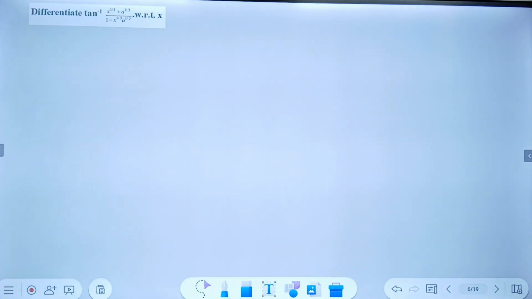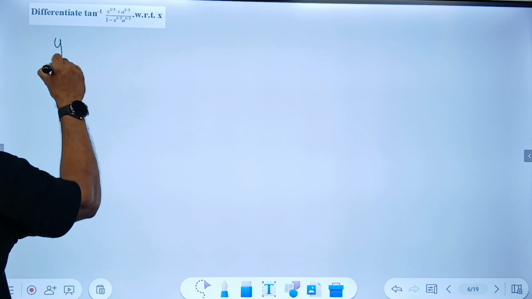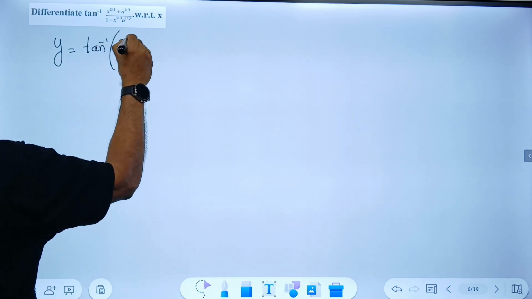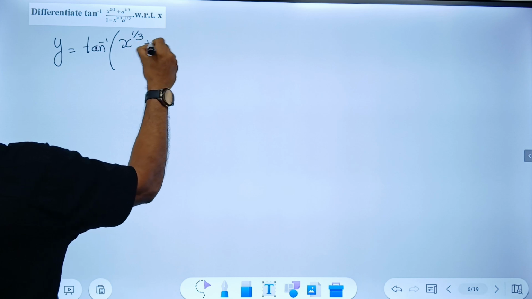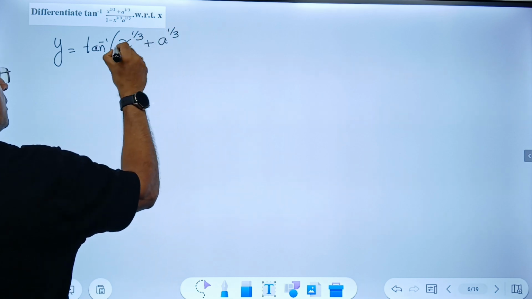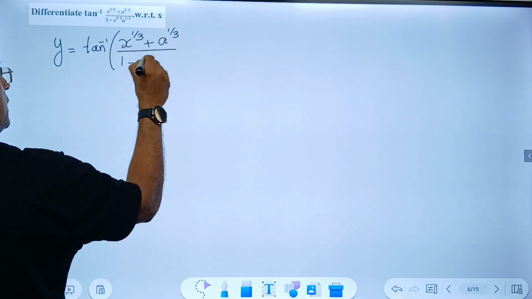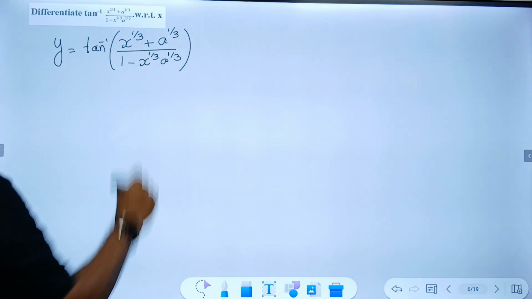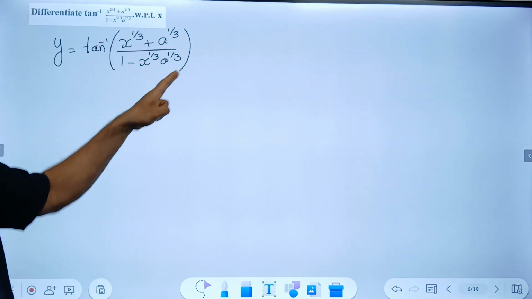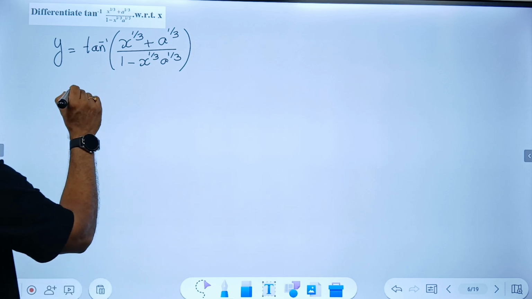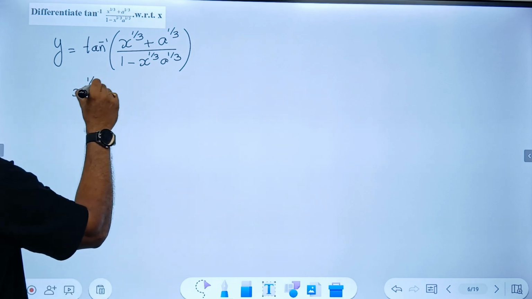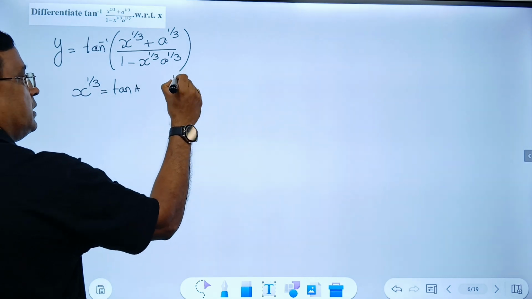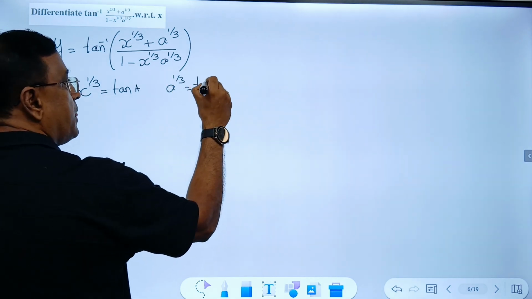Okay, now let's go to this problem. This is again a very simple question. This is tan inverse of x power 1 by 3 plus a power 1 by 3 by 1 minus x power 1 by 3 a power 1 by 3. Now what I should do, you can see clearly there's a tan a plus b formula here. So I put x power 1 by 3 as tan a and a power 1 by 3 is tan b.